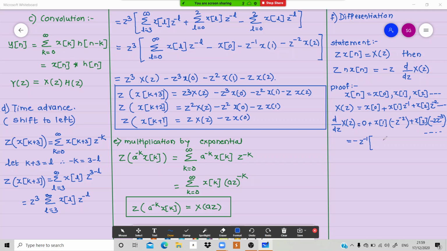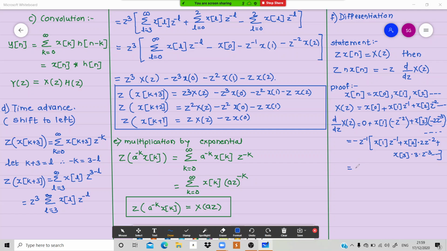So what remains inside? x1, minus, since you have taken z raised to minus 1 common, plus x2, you are having this 2 also, so I'll write 2 into z raised to minus 2. If we continue, x3, 3, z raised to minus 3, and it will continue.